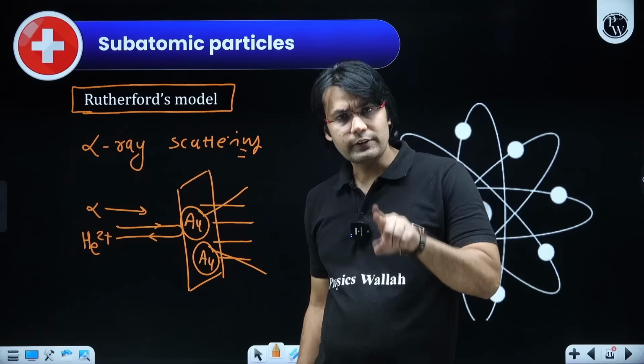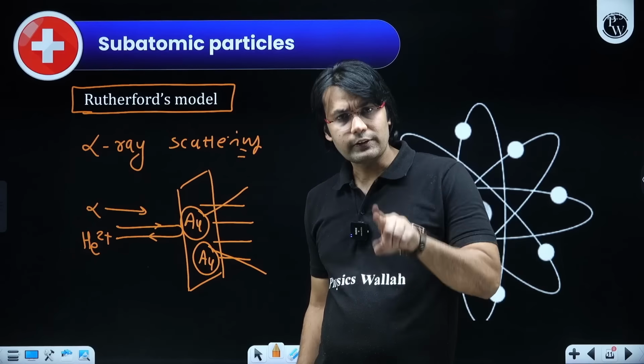So just apply the Heisenberg equation, delta x into delta p is equal to h by 4 pi. For calculation you can use the equal sign here, right? Now if delta x and delta p are both equal, I can write it as delta x into delta x equals h by 4 pi, or delta p into delta p equals h by 4 pi.